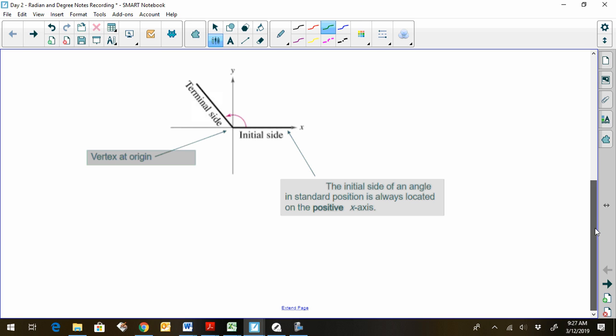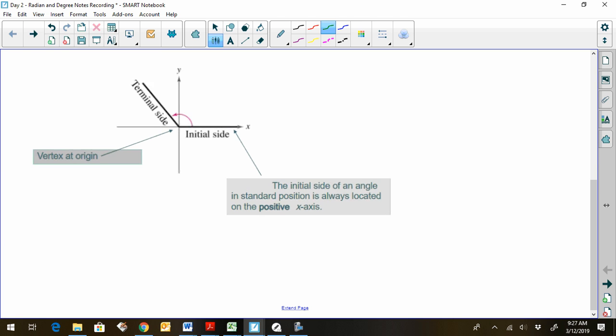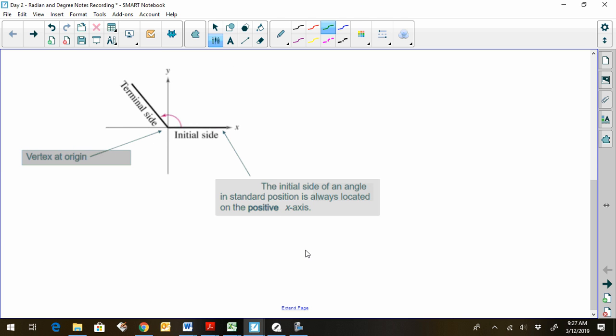So just a couple quick examples before we really get into this. If we have a 90-degree angle, then we would draw that starting here and going up like that, right? But we could also have a negative 90-degree angle.